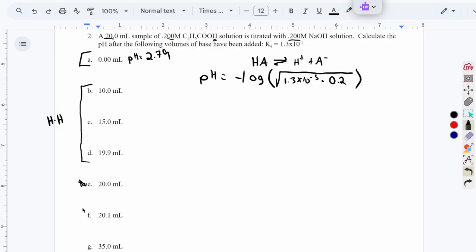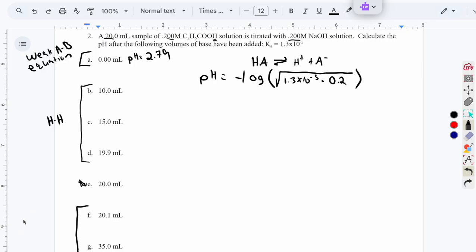Then these down here are just the same as before, limiting reactant problems with a strong base. That's it. Really simple. So here we've got our weak acid base equation. Now I would hope that you wouldn't just follow along with me, that you would try these on your own.